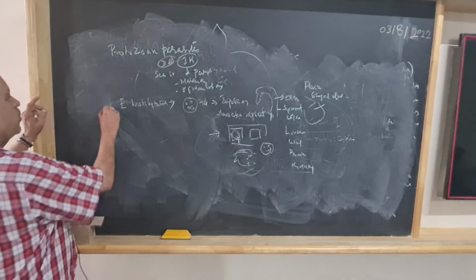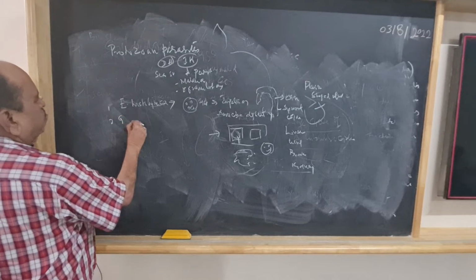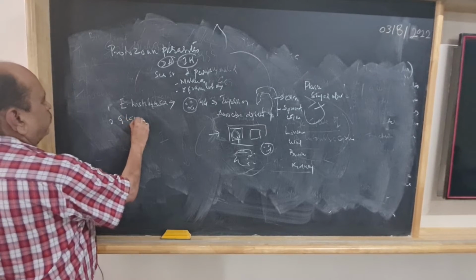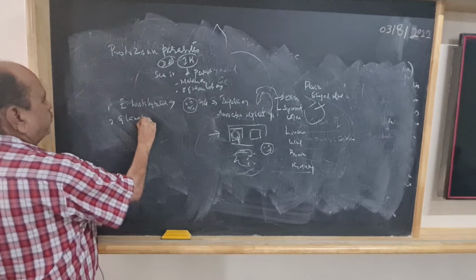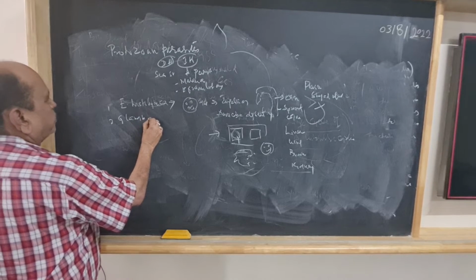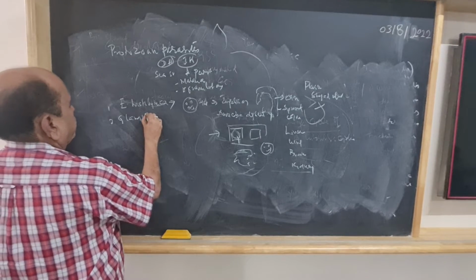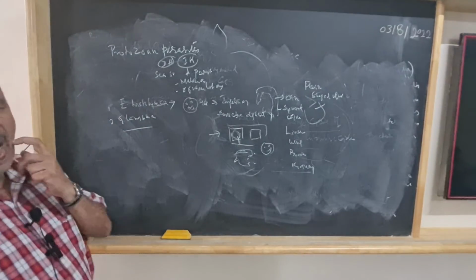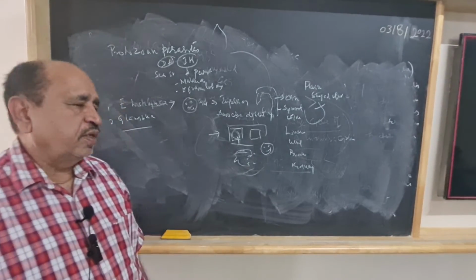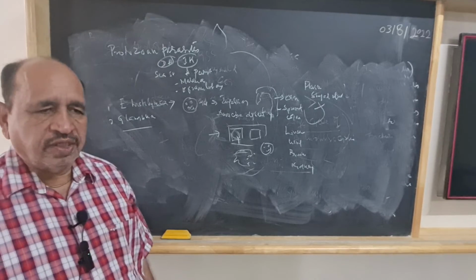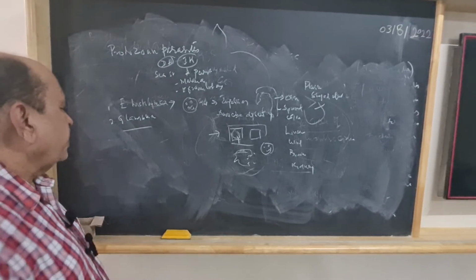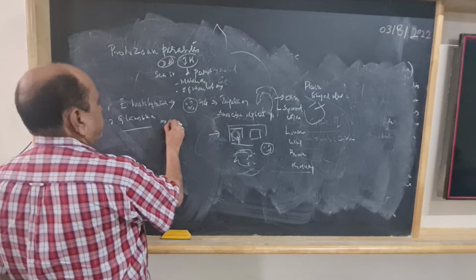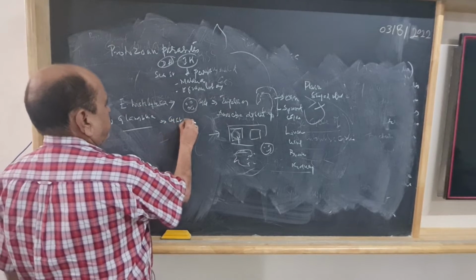Second parasite, Giardia lamblia. It is present in the duodenum and jejunum habitat. Man gets infected by ingestion of cyst.